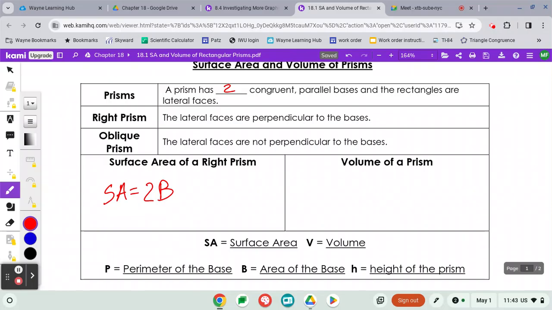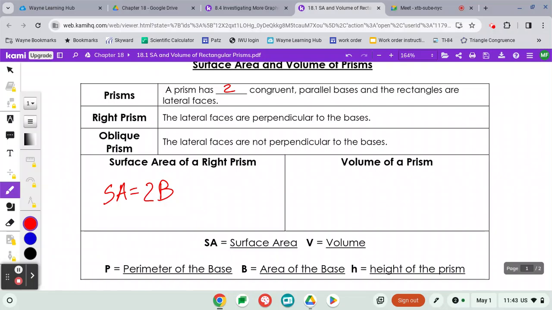Now, to figure out the rest of it, we still need this big chunk. Everyone looking right here, what do we call the length around the edge of something? What is the word for that? No, it's not area, it's the other one. Starts with a P. Perimeter, right?